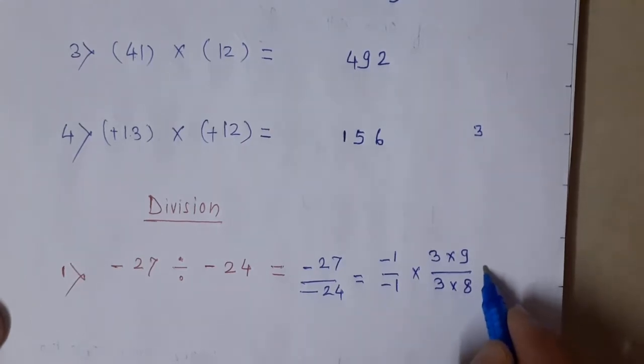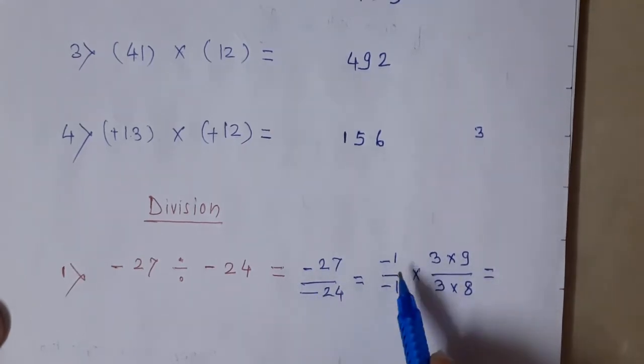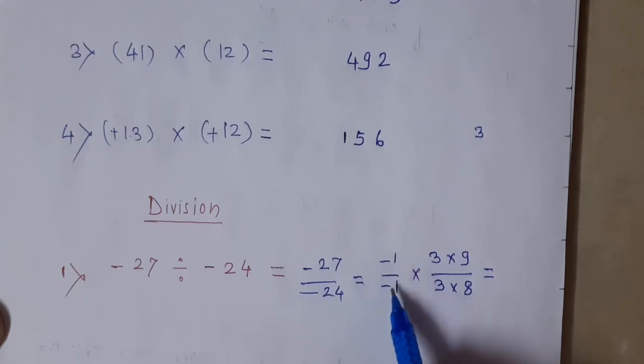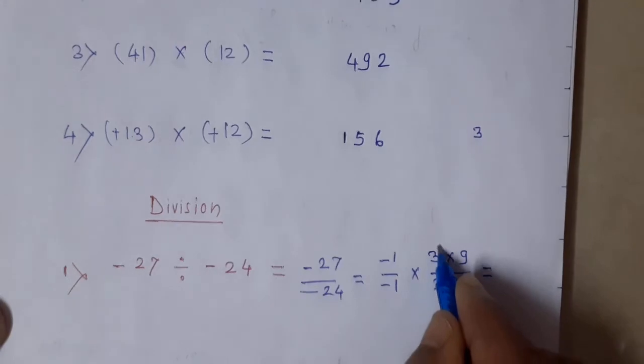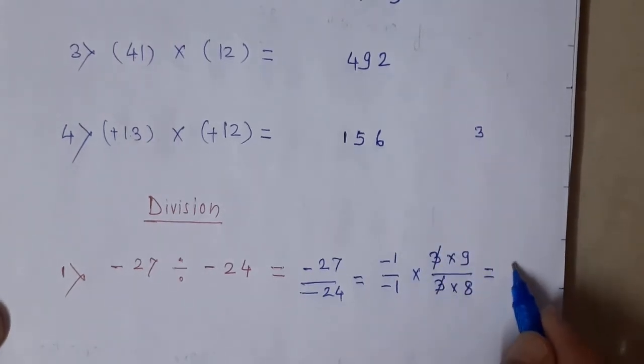Okay, so what is the result of division when we are dividing one negative number by another negative integer? Result is a positive number, and this is the common one, so result is 9 by 8.